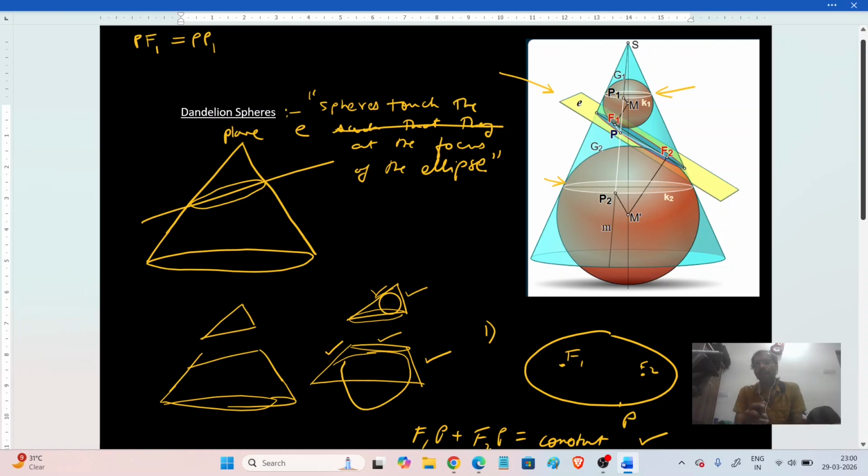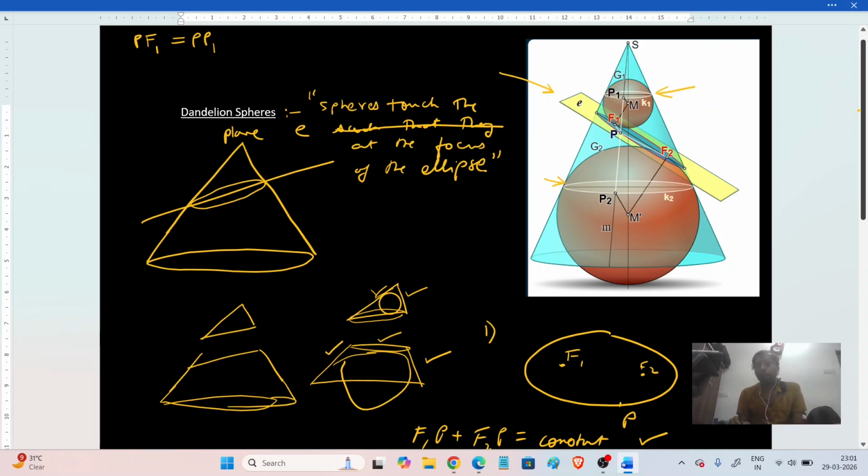So f1 is a point where the sphere touches the ellipse. We have not said yet that f1 is a focus. We are going to prove it. So f1 is some point on the ellipse where the sphere touches by construction, and Pf1 is a tangent, and PP1 is also a tangent by construction. So these two tangents are equal by property number 2.